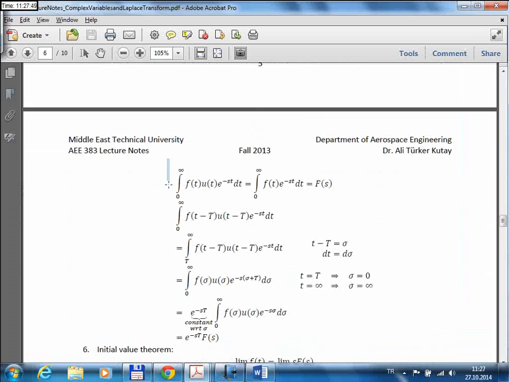Again we use the defining integral. This is our definition, and we assume that the transform of the original unshifted function is capital F of s. Now we are looking for the transformation of the shifted function, so this is the shifted function in the integral.